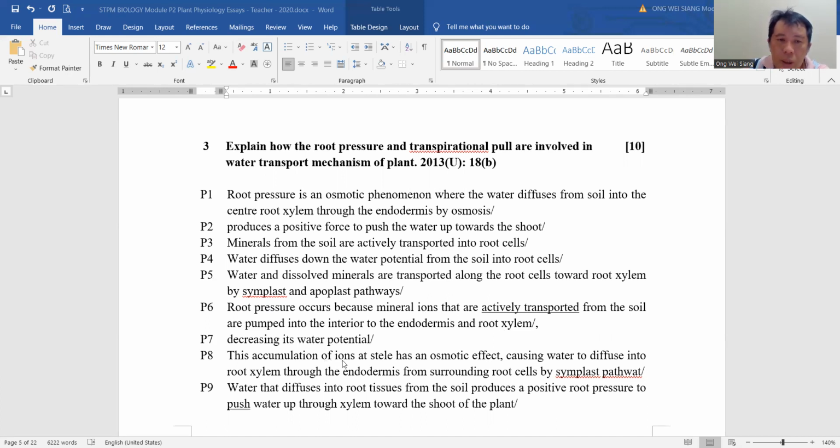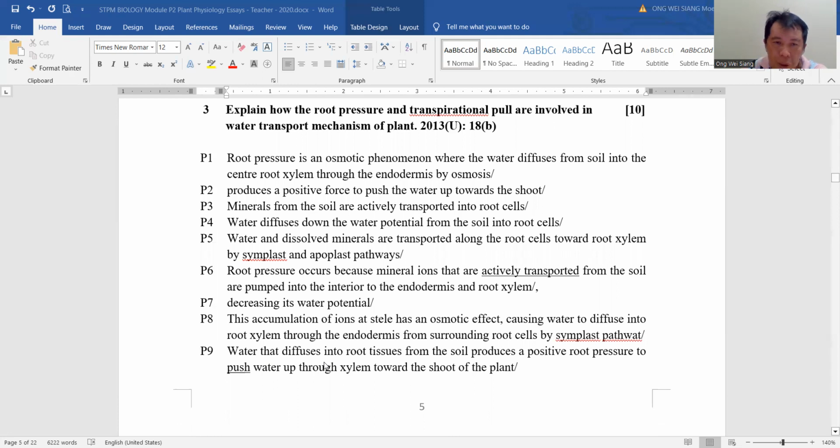Then these accumulations of mineral ions at the stele has an osmotic effect. So they will draw the water from the cortical cells into the root xylem across the endodermis by symplastic pathway.